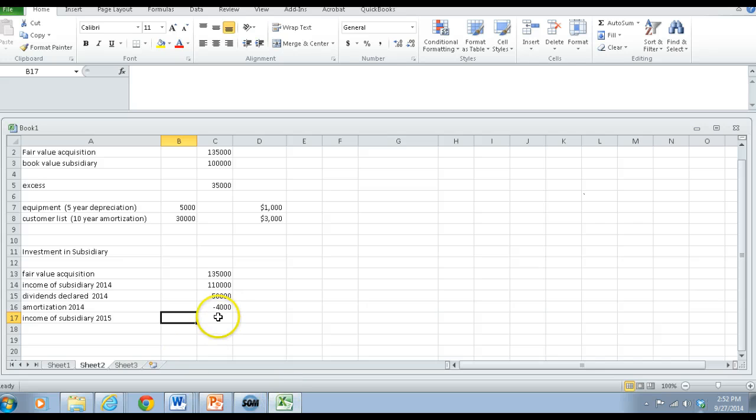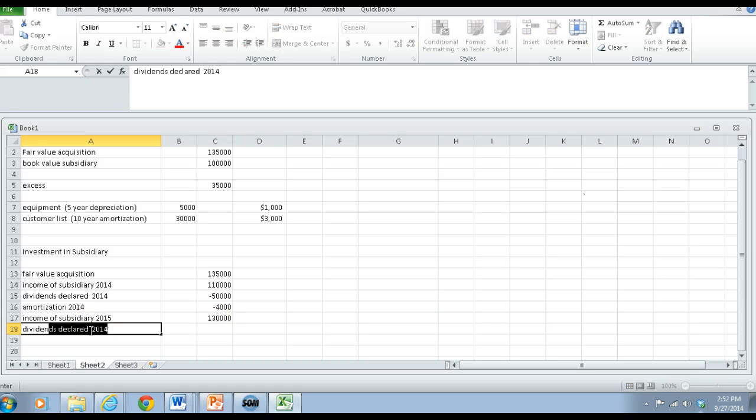So we show the income of 130, the dividends declared in 2015 of 40, and the amortization in 2015 of 4,000.